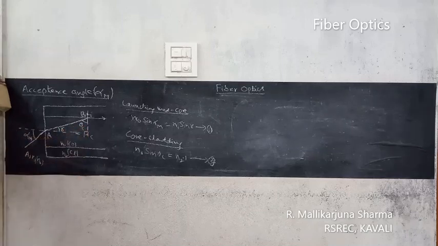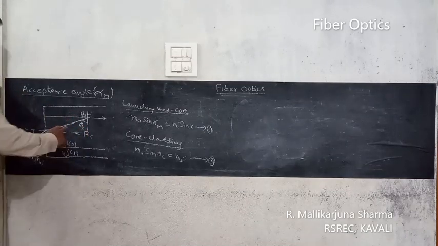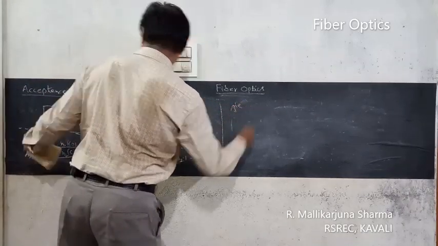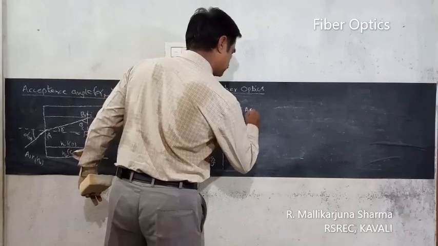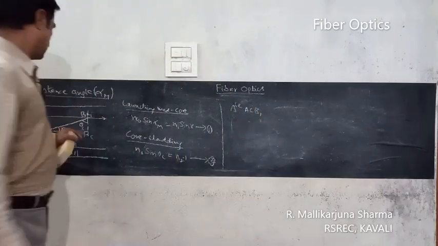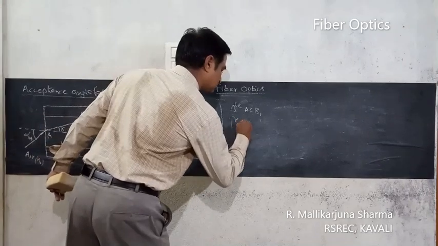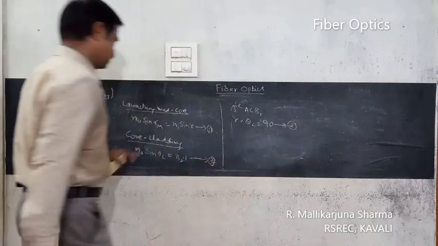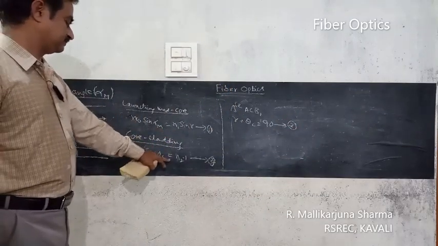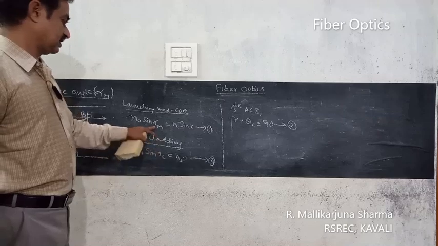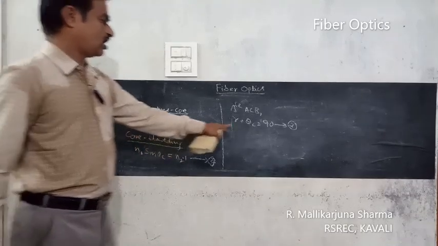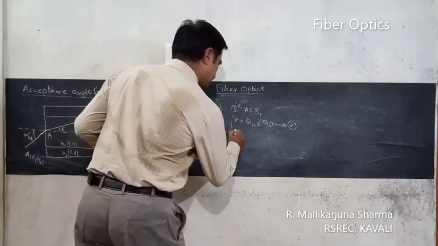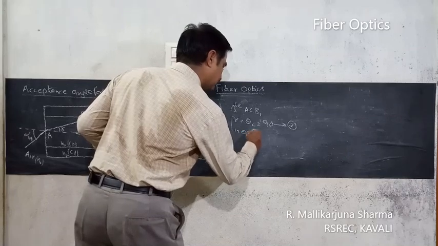So we can write r plus theta c is equal to 90. We substitute this here: sin r can be taken as sin of 90 minus theta c, substituting in equation 1.